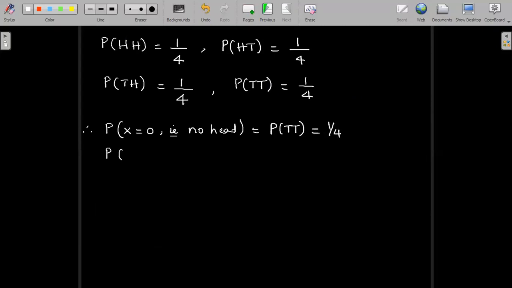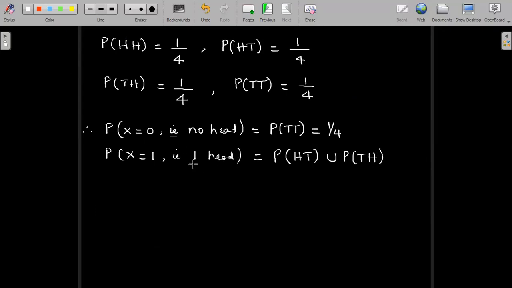Similarly, we have to now find out probability of getting one head. So this gives us probability of HT union probability of TH, because it is probability of head turning up once.